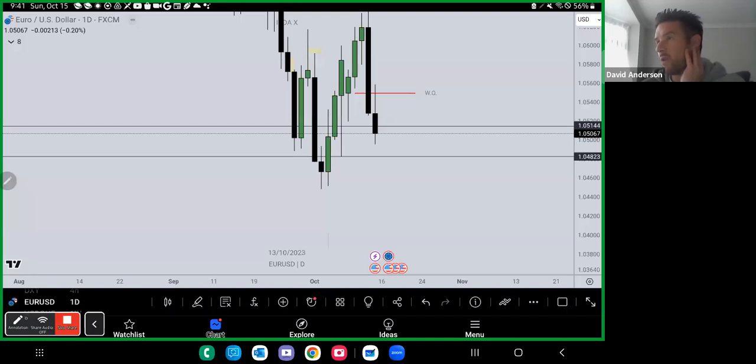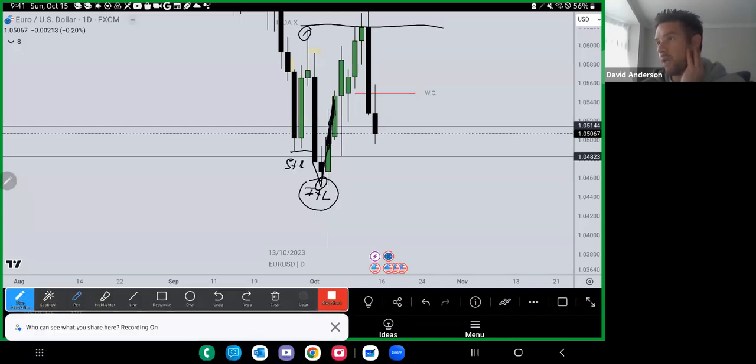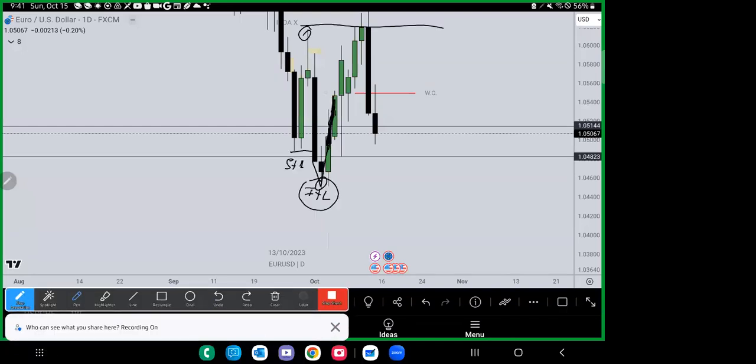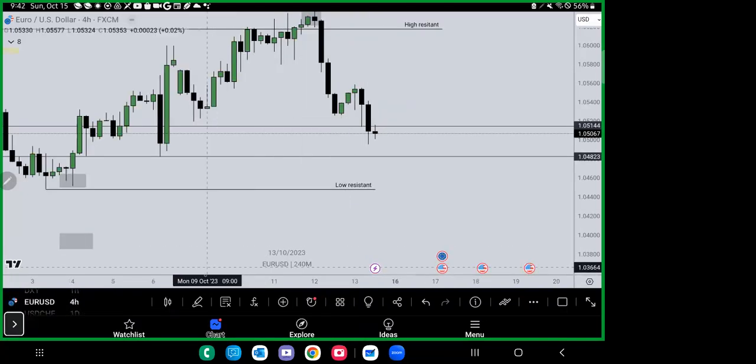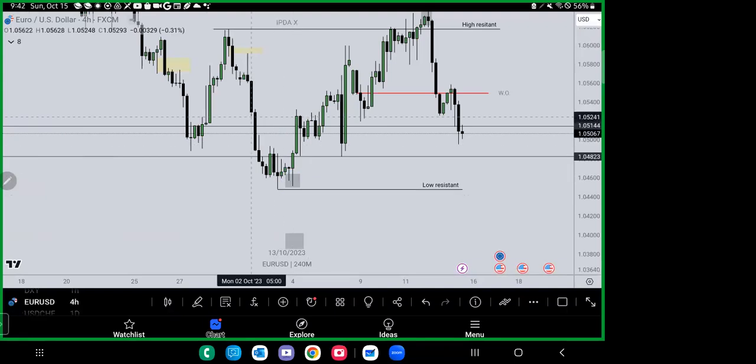So I'd be looking for the price to negate the inefficiency. Yeah, right. So inside of this range, we're looking to kind of confirm that idea, and not so much confirm 100%, but to validate that idea a little more, we'd be on that lower time frame, 4 hour, 1 hour, looking for an inefficiency such as this to be negated, and then we get this other short term low that formed.